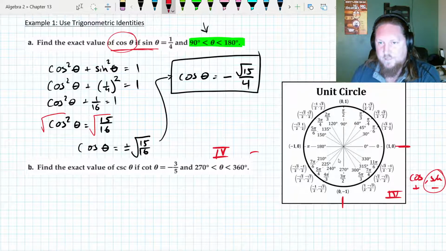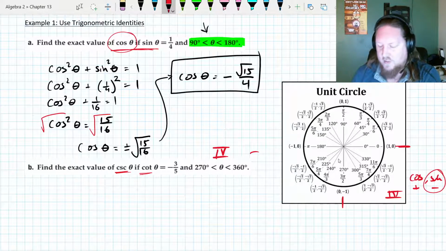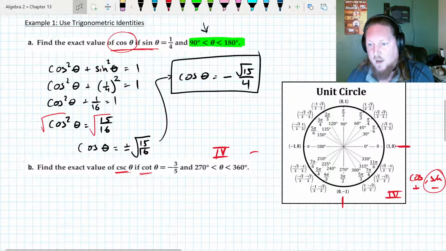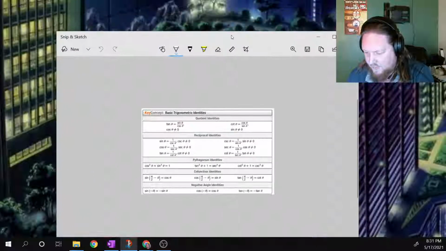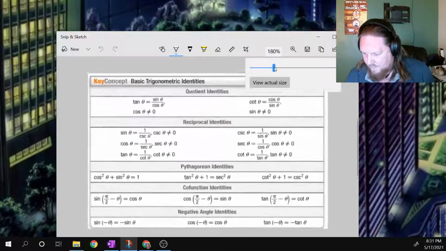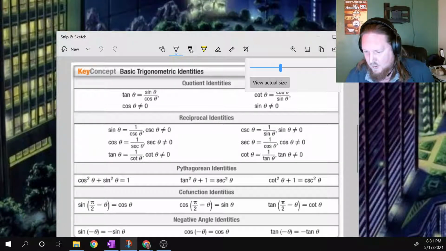So I have to see if there's some sort of relationship out there between cosecant and cotangent. And this is where you have to look at your chart. You have to have the chart up so that you can see it, so I took a picture of it so I could take a look at it here.